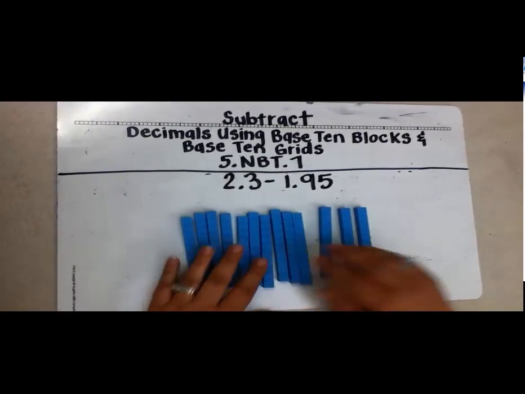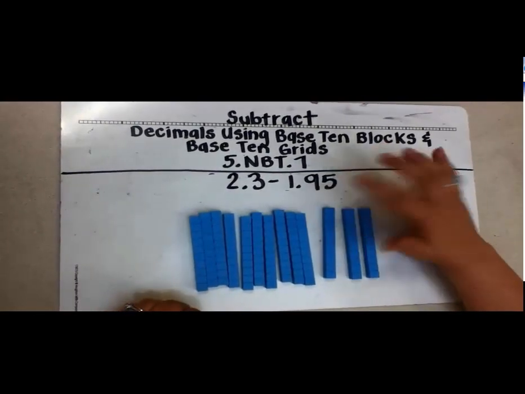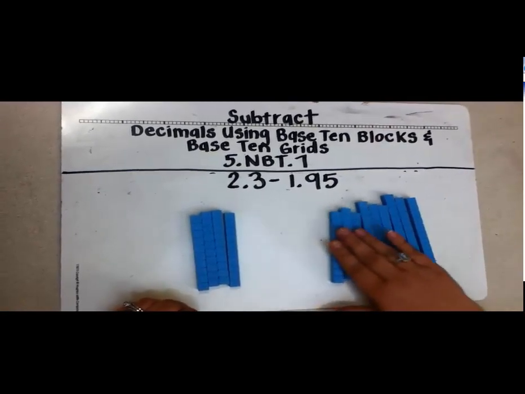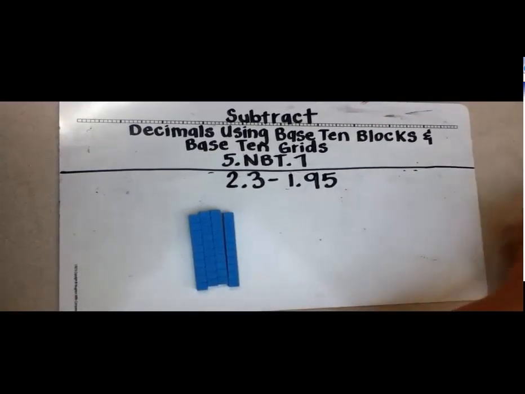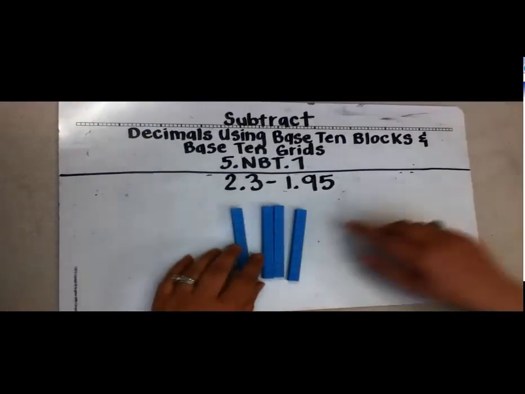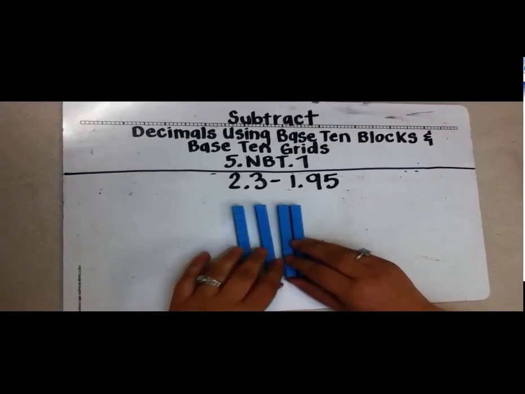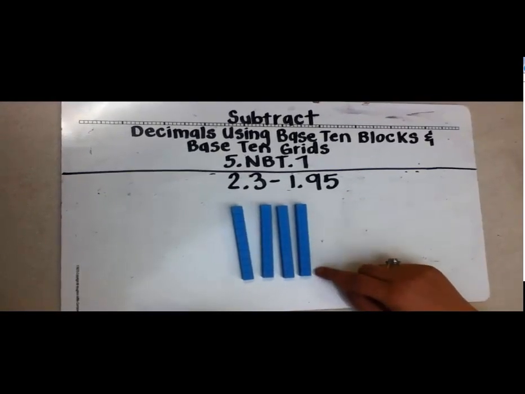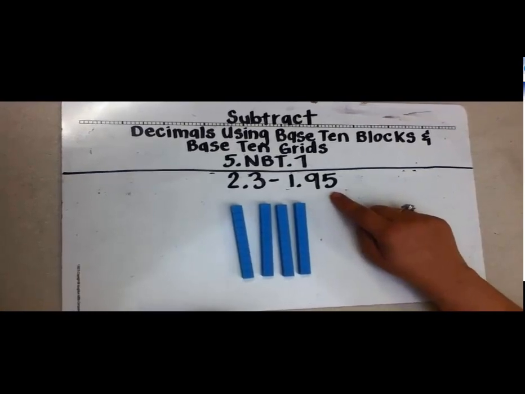Now we have 13 tenths, and we can take 9 tenths away from 13 tenths. So 3, 6, 9. And now from that we have 4 tenths left, and we need to take away 5 hundredths. So I will need to go ahead and trade one of these tenths for hundredths in order to subtract those 5 hundredths.